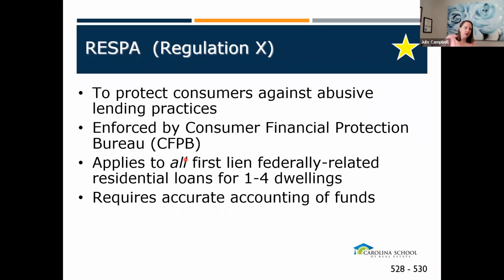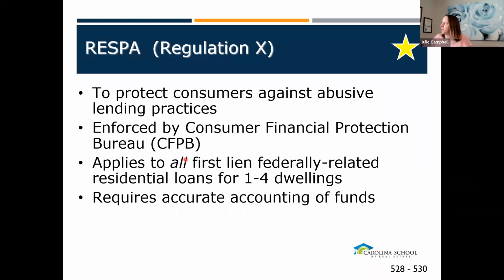Remember, if it's a cash buyer, TRID, thus RESPA, are not around. If it's a commercial loan, TRID, thus RESPA, are not around. They're only here in residential loans. All the loans we talked about, conventional, FHA, VA, they all fall under RESPA and Regulation X. And the big thing that RESPA does is it requires accurate accounting of funds.